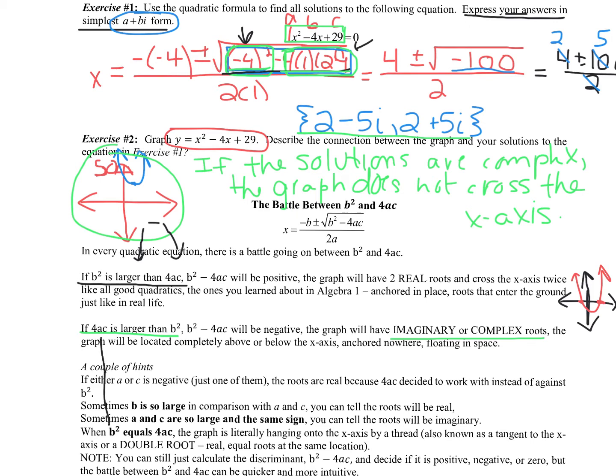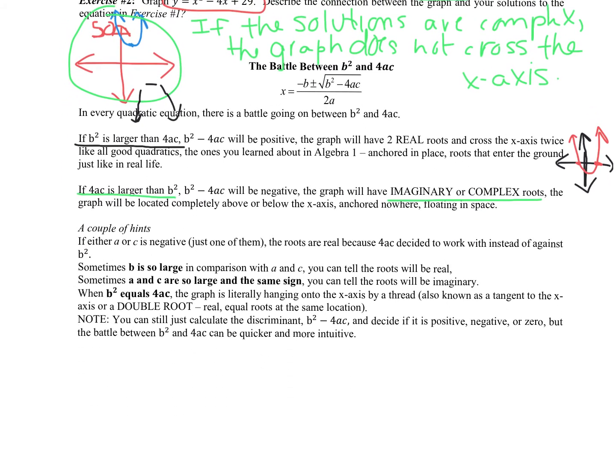If either a or c, sorry, I'm going to move this up, is negative, just one of them, the roots are real because 4ac decided to work with instead of against b squared. So if I have a quadratic like this, let's say x squared plus 5x minus 7 equals 0.